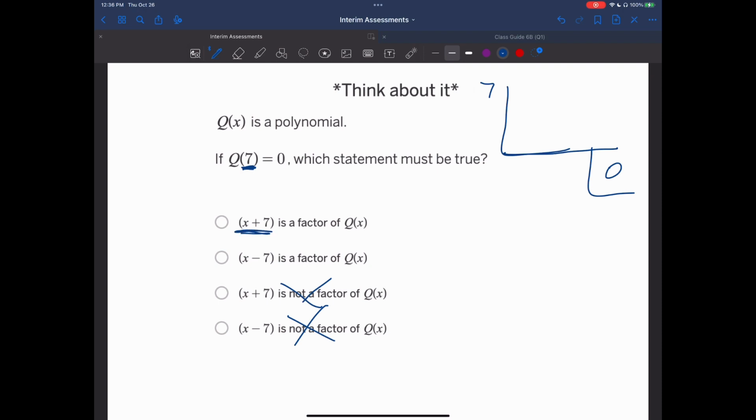So which one is it? Is it x plus 7 is a factor or x minus 7 is a factor? Well, we know when we have the number out here versus in factored form, they're always flipped signs. So if I put that in factored form, it's going to be an x minus 7. This would be our correct answer.